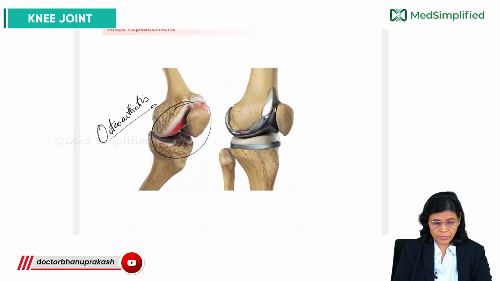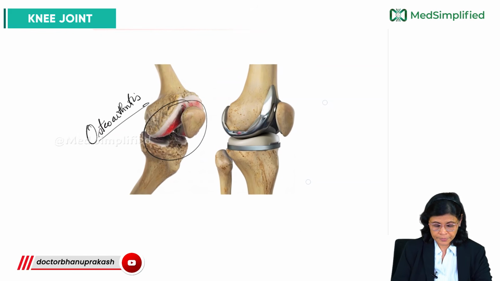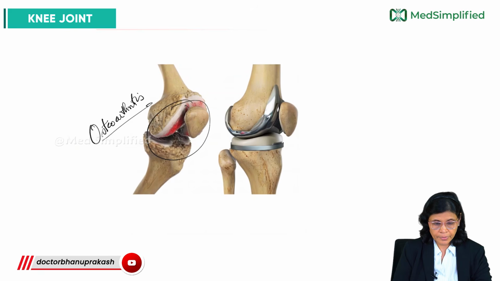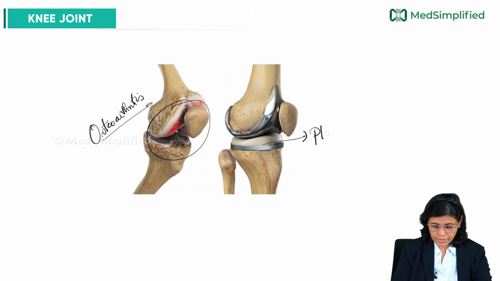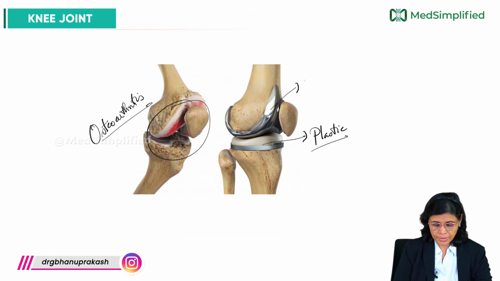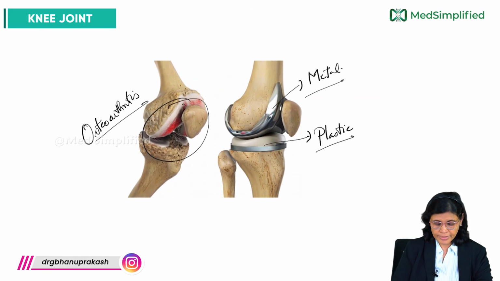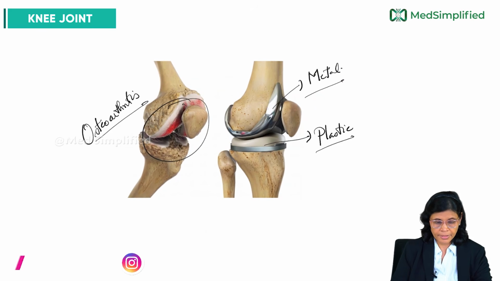In these cases, we do a replacement by an artificial joint. It basically consists of the tibial component, which will be plastic, whereas the femoral component will be metal. The damaged area is removed and then it is replaced.